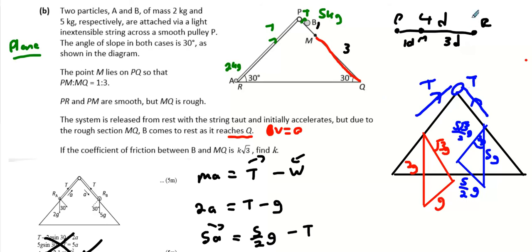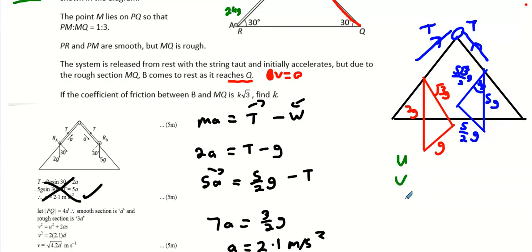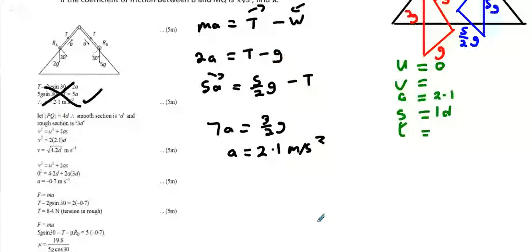Okay? Now we can find out how fast the 5 kilogram particle is going at the moment it hits the rough plane. So what we can do is use UVAST for this. Its U is 0, its V is what we're after, its A is 2.1, and the distance it covered we said is 1d, so we might be able to get its velocity in terms of d.